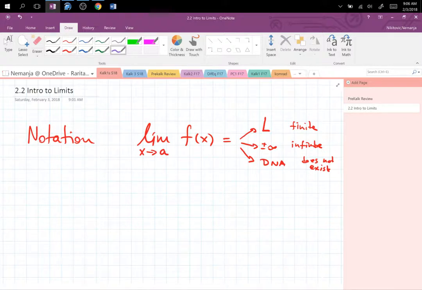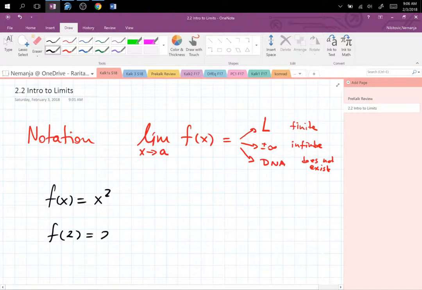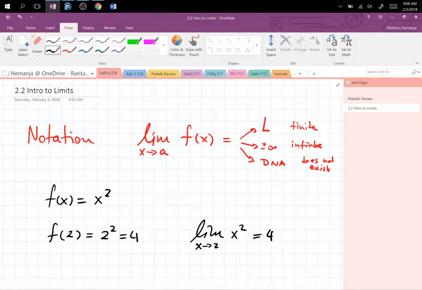So if I am to write, let's say I'm observing just x squared as a function, if I am to write f of 2, then I will have to say 2 squared is equal to 4, and I am done. On the other hand, limit of x squared as x goes to 2 is also 4.